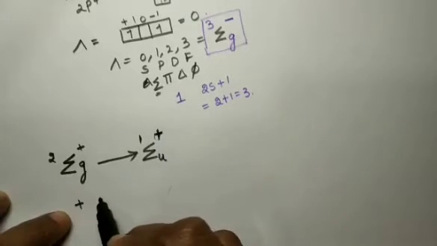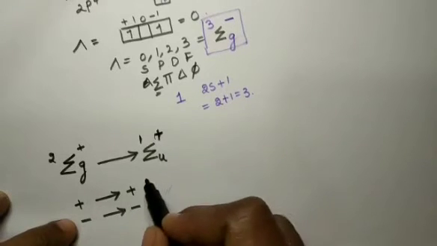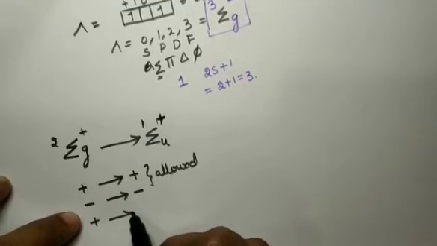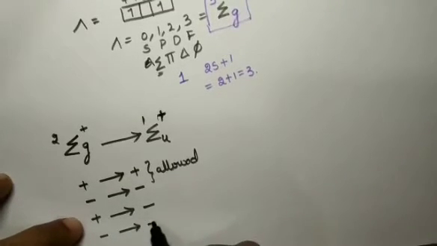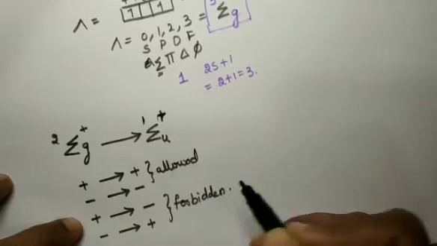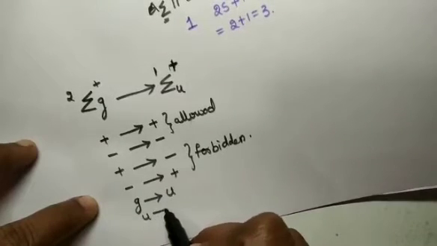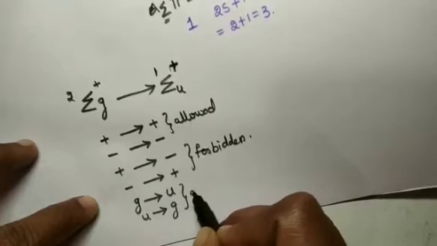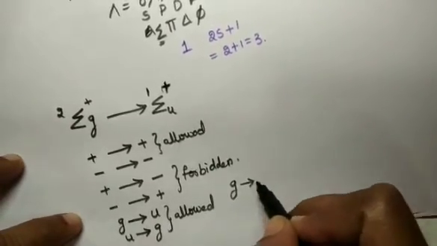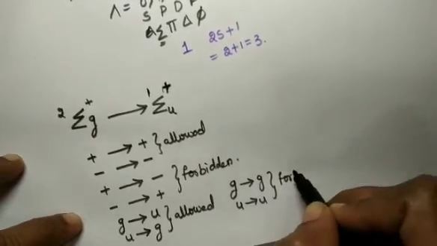Plus to plus, and minus to minus, are allowed transitions. Plus to minus and minus to plus are forbidden transitions. Also gerade to ungerade and ungerade to gerade are allowed transitions. Gerade to gerade and ungerade to ungerade are forbidden transitions.